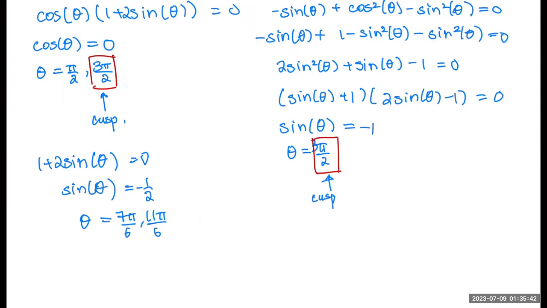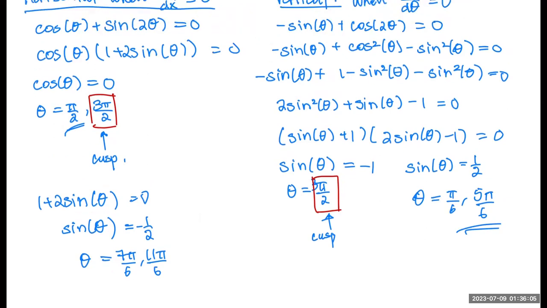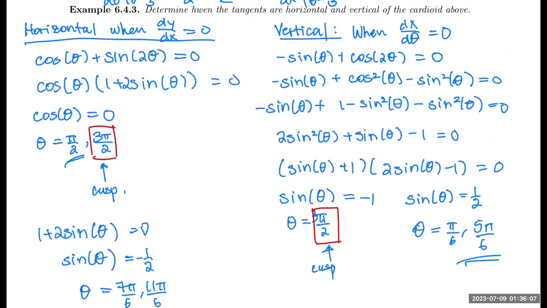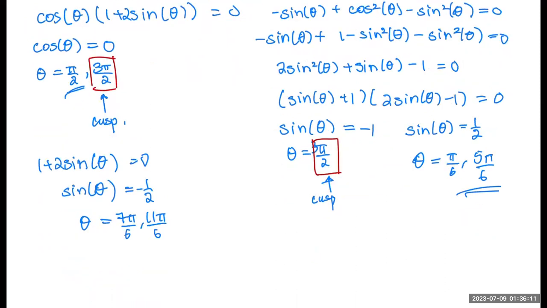So that means the other part then: sine theta being 1/2, so theta being pi divided by 6 and 5 pi divided by 6 are the vertical tangents. So this one and this one over here are the values that we are looking for. Okay, so let's move on to the next subsection.